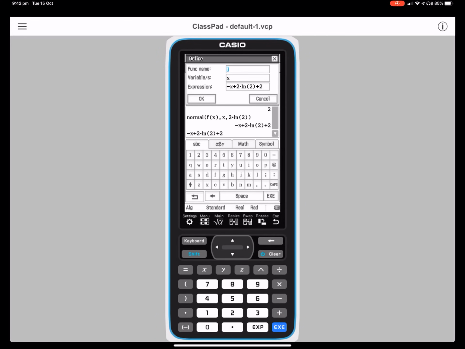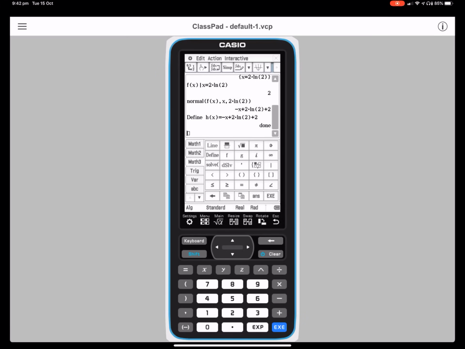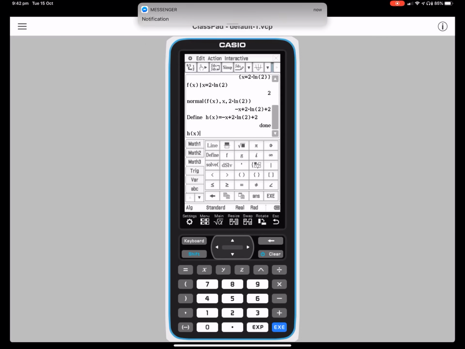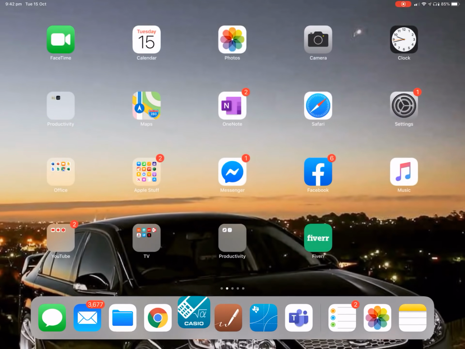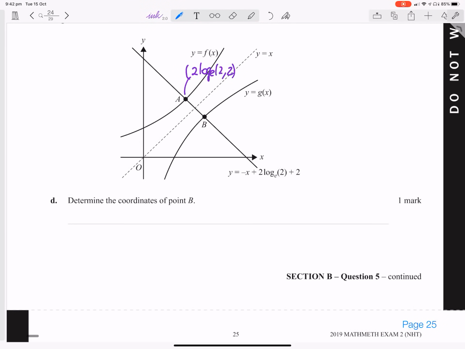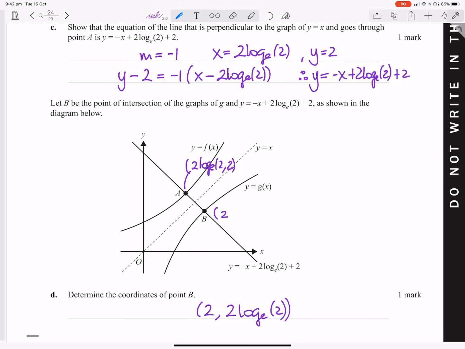That's annoying. h of x. Okay, we want to know when h of x and g of x collide. So h of x equals g of x. Solve. x equals 2. So that's the point 2. Because it's the inverse, those values are going to swap, so it's going to be (2, 2 log e 2).